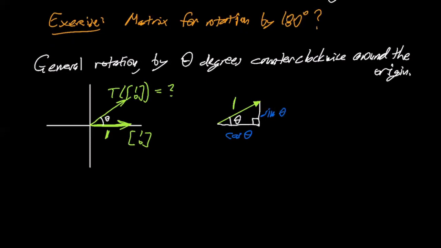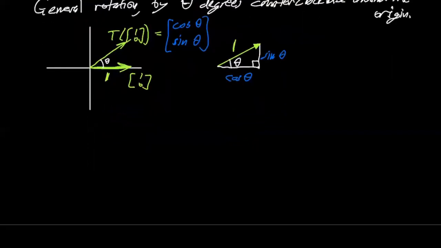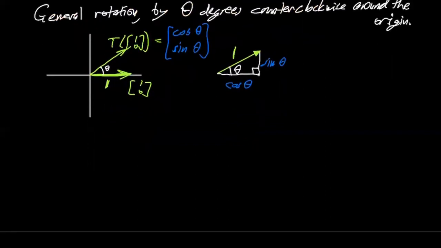So in fact, this point is cosine theta, sine theta. Nice. So that's actually going to be the first column of our matrix.